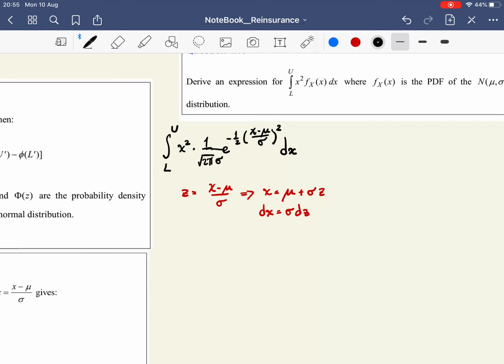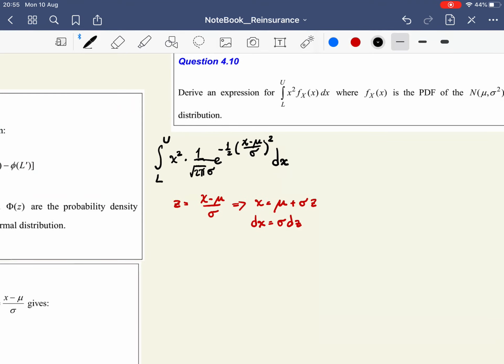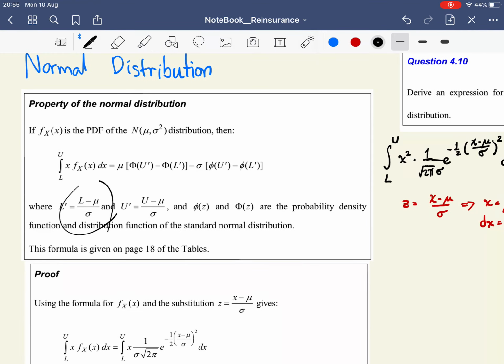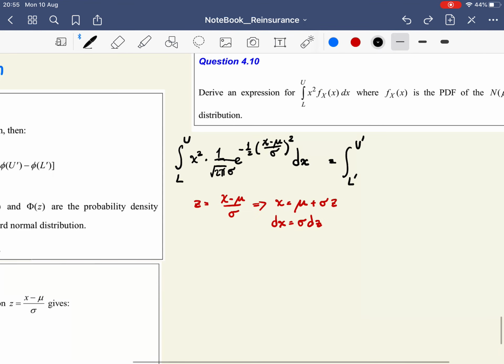Okay, and then this one will be the integral from L prime to U prime, and U prime and L prime are the same expressions as here.